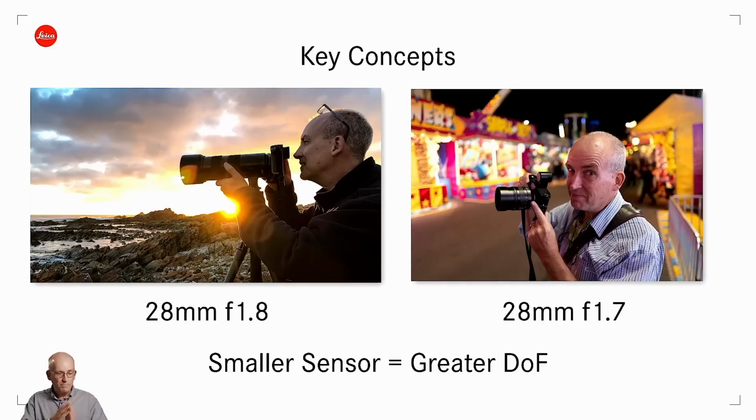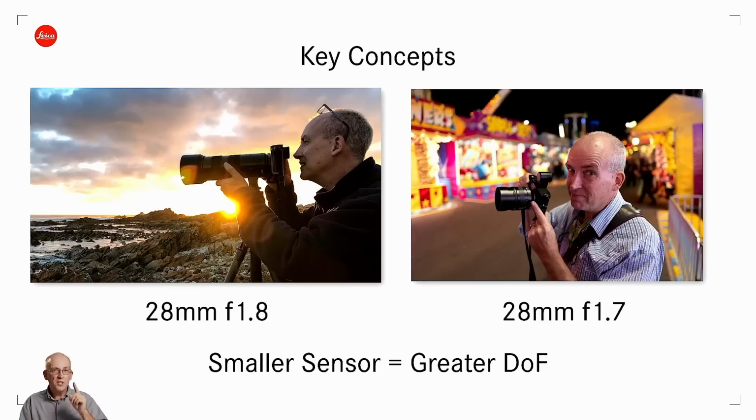So for instance, if you were shooting on a Leica CL, which is an APS-C sensor, that sensor has what they call a crop factor of 1.5. So everything you have to adjust by a factor of 1.5. So a 35mm lens becomes the equivalent in angle of view of a 50mm lens. But you also have to adjust the depth of field by the same factor.